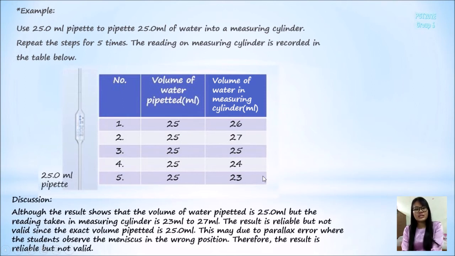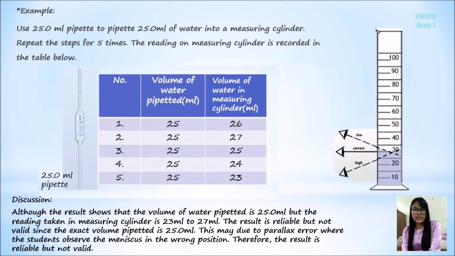Although the volume of water pipetted is 25.0 milliliters, the reading taken in the measuring cylinder is 23 to 27 milliliters. The result is reliable but not valid, since the exact volume pipetted is 25.0 milliliters. This may be due to parallax error.